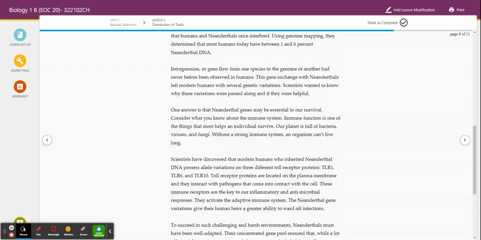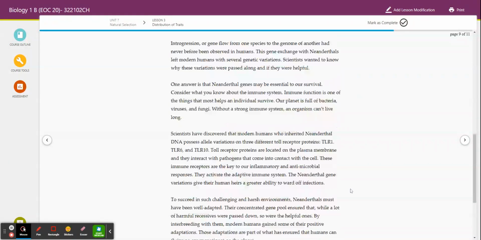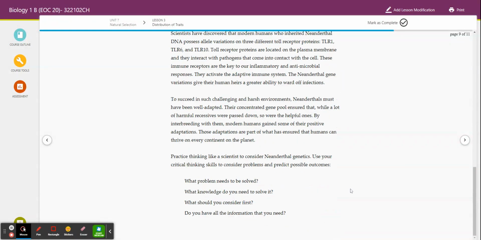Toll receptor proteins are located on the plasma membrane and they interact with pathogens that come into contact with the cell. These immune receptors are the key to our inflammatory and antimicrobial responses. They activate the adaptive immune system. The Neanderthal gene variations give their human heirs a greater ability to ward off infections.